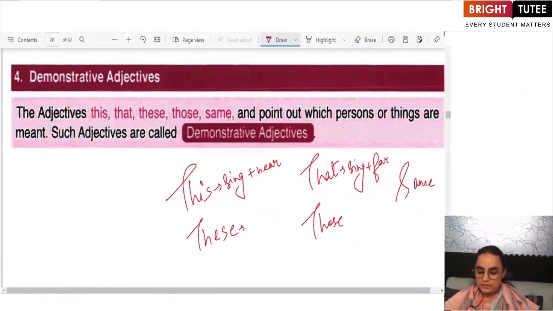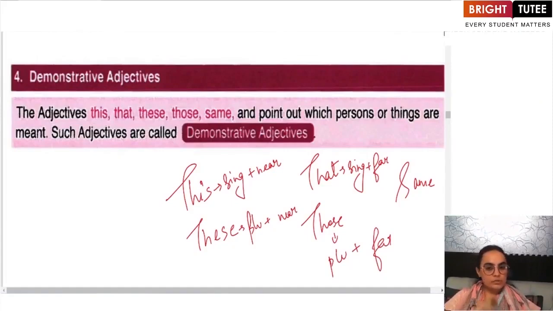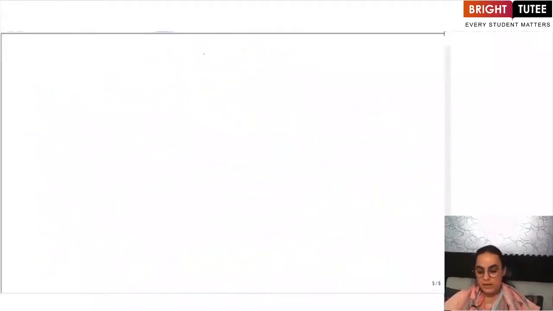We use these for something which is plural in nature and is near to you. We use those for something which is plural and is far away. This is exactly what we learned when we did the demonstrative pronouns. Now, where and how do we use the demonstrative adjectives? Again, as we have done that earlier.